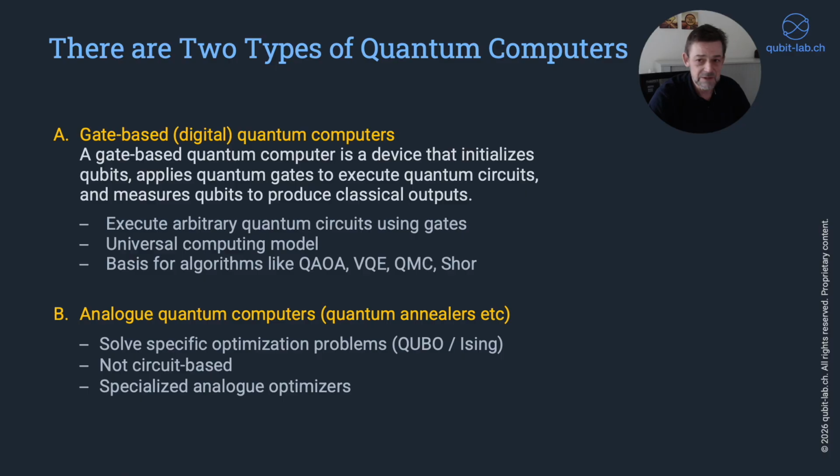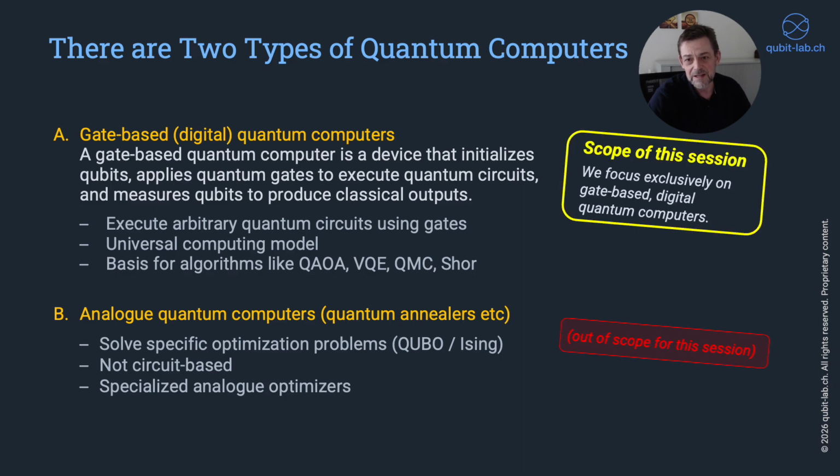Maybe you heard of D-Wave. Annealers can solve optimization problems by a physical process of cooling qubits, but they cannot execute quantum code in a narrow sense. We will focus here on gate-based computers and not on analog annealers in this presentation.